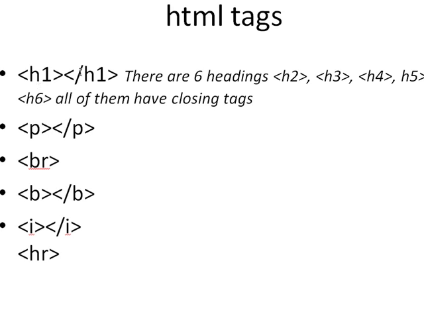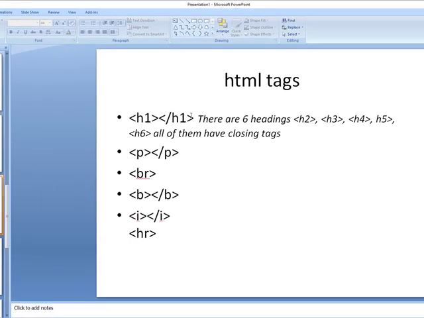The only difference is they have that /. Each heading by default has a style that we're going to eventually override, but for right now we're going to take advantage of that in that they are all bold, but they're all smaller and smaller. So the H1, whatever text I wrap the H1 tags around will be very large. Whatever text I put the H2 tags around will be smaller, H3 even smaller, and so on and so forth.